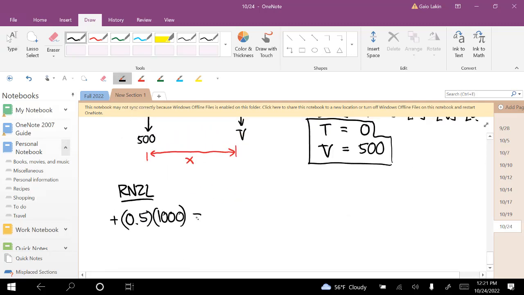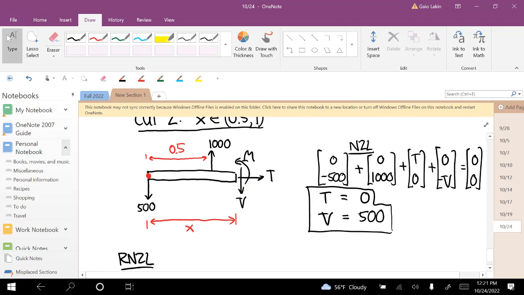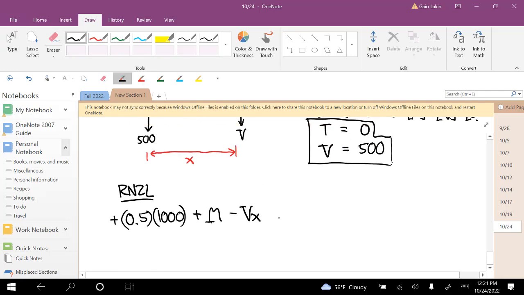Then we have M. We have the minus Vx that always appears, because that V is always going to make it rotate clockwise. And this is equal to 0. And so solve for M, and you get that M is equal to Vx minus 500, so 500x minus 250 when you plug in the V value that we already solved for.